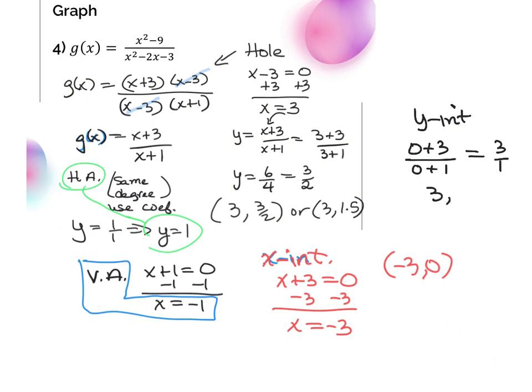So my y-intercept is happening at 0 comma 3, because I had set x equal to 0. So this is the y-intercept. This is my x. Let's go ahead and get all this information on the graph.